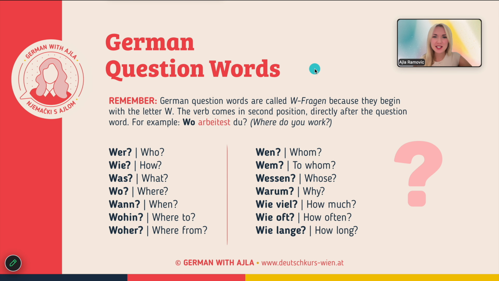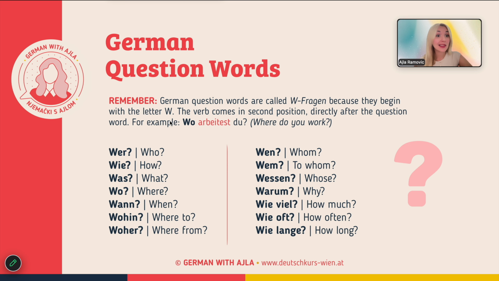Okay, so first, let's look at some important information when it comes to German question words. So, what do we need to remember? German question words are called W-Fragen because they begin with the letter W, or as we say in German, a W. That's why we call them W-Fragen.